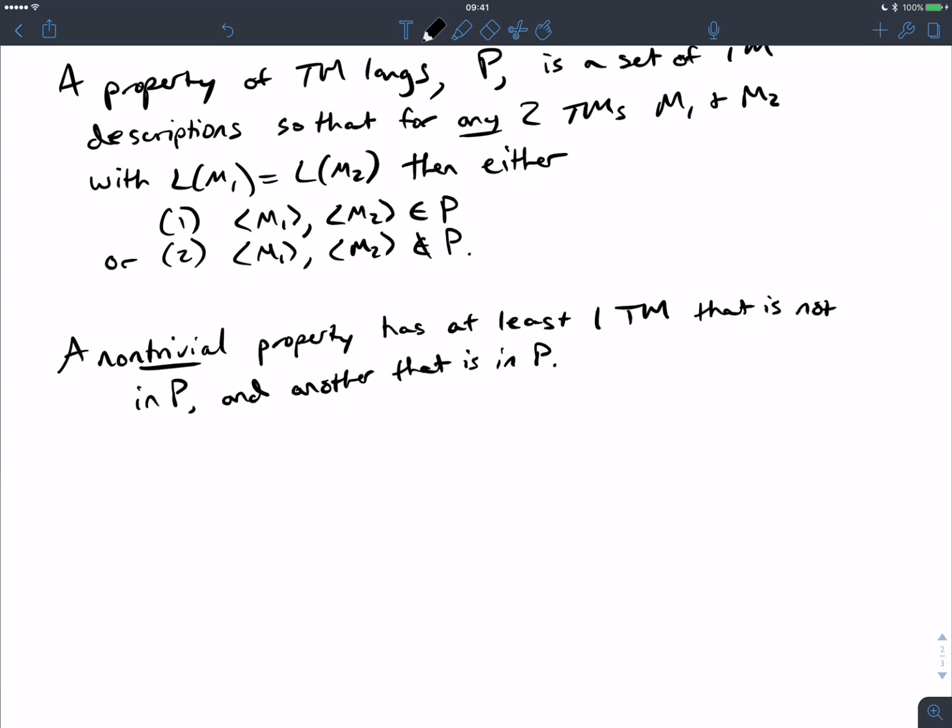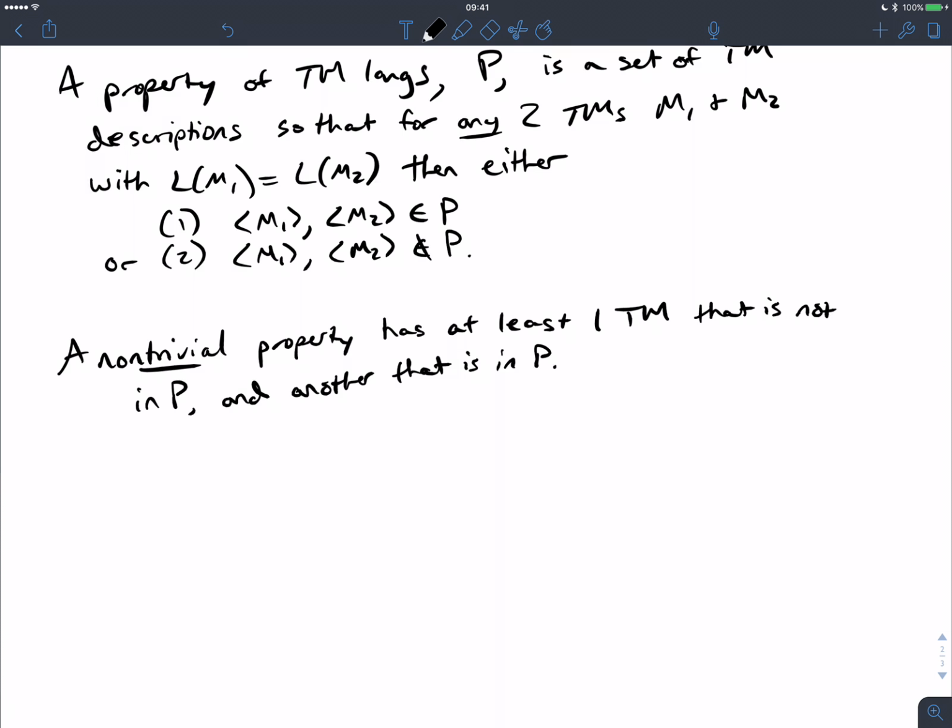Because then I can just say for the first one, accept on whatever input, and the other one, reject on every input. And those are clearly decidable. But for those that are non-trivial, at least one Turing machine doesn't have the property or is not in the language, and another one that is in the language or has the property.